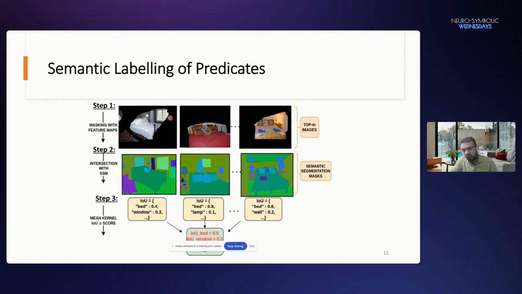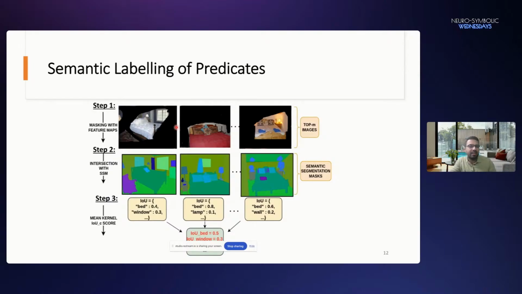Once we do that, we have these nice masks over the image that tell us exactly which region this filter focuses on. And to a human, I can start to see that this filter is really looking at structures that look like bed, right?